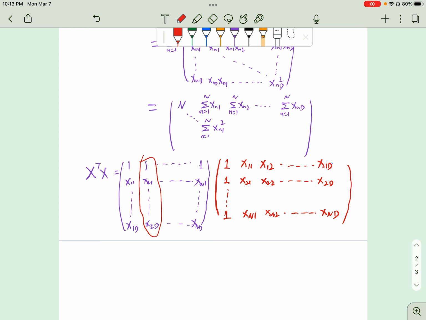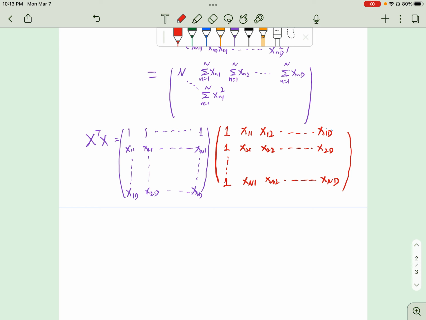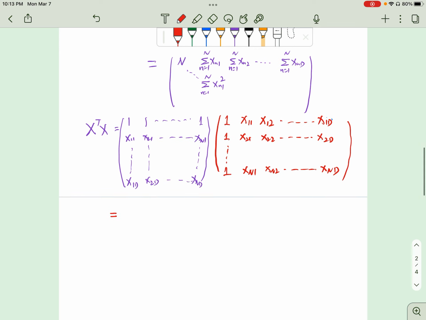This is the feature vector of the second sample. So if you multiply these two big matrices together, you will have this matrix.